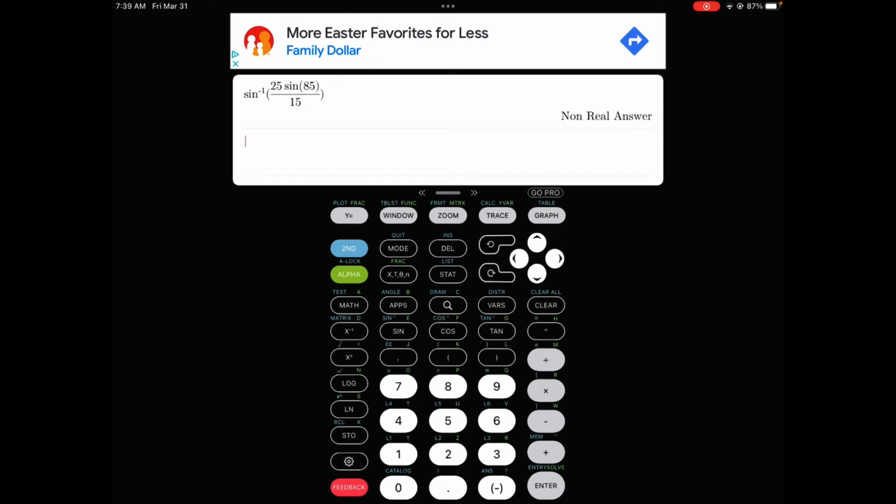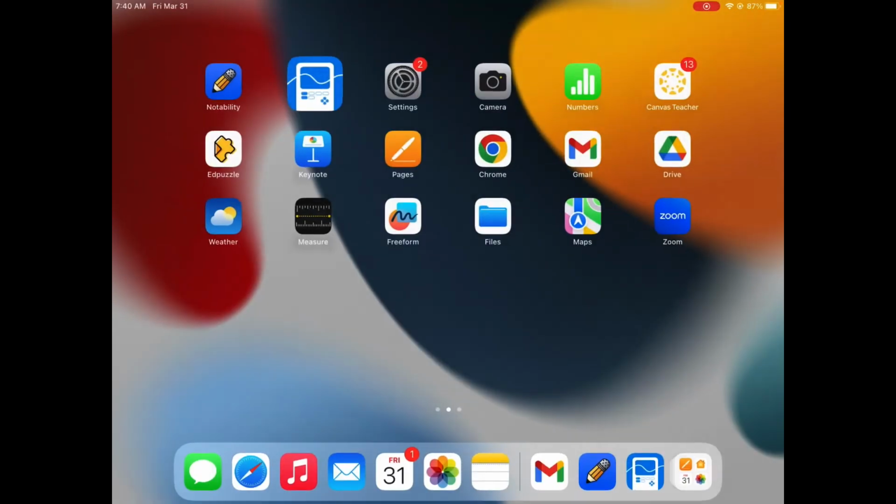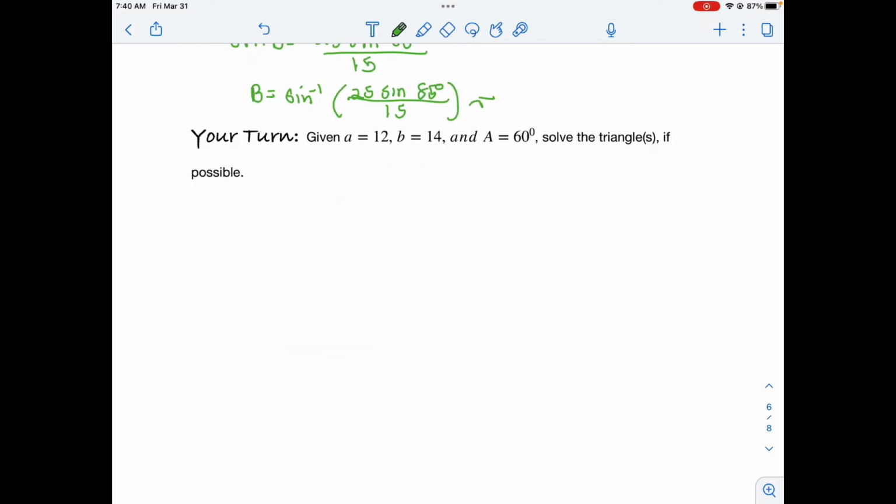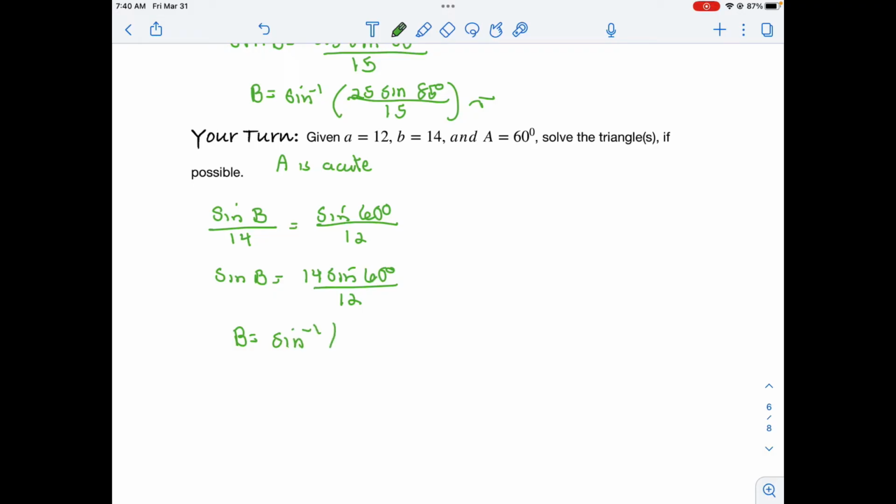No real answer, or you might get an error message in your calculator. That's your big red flag hint that there is no solution to this triangle, so no triangle can be formed. So instead of remembering my rules, just see what your calculator gives you if you actually try to solve for angle B.